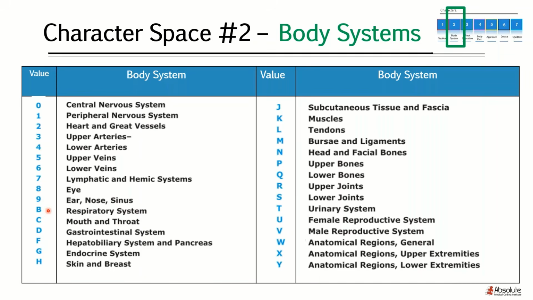Then your letters begin, and that's B. C is your mouth and throat. D is gastrointestinal system. If your second character is an F, that's your hepatobiliary system and pancreas.